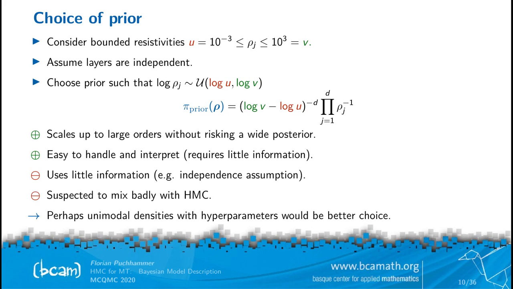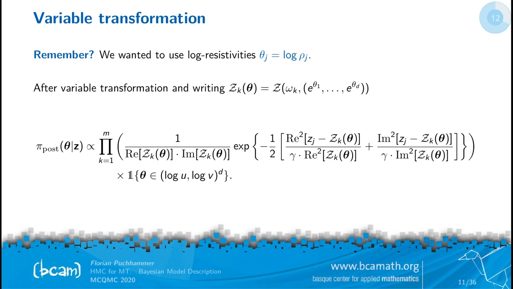So probably in the near future we will try some unimodal densities with some hyperparameters, but for the time being we just leave it at this simple setting. And just a small technicality: we wanted to use log resistivities, but we've formulated everything with respect to resistivities. So we just use a variable transformation, and after this transformation, this is what the final posterior looks like.